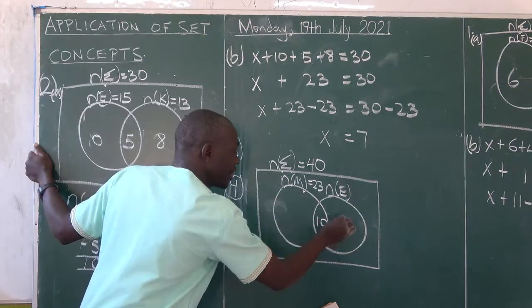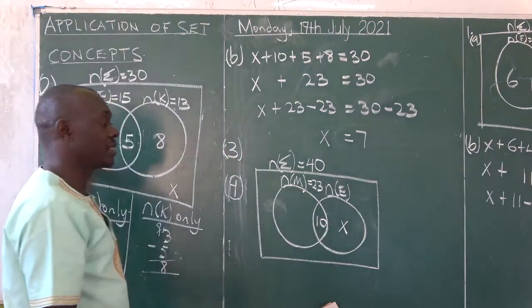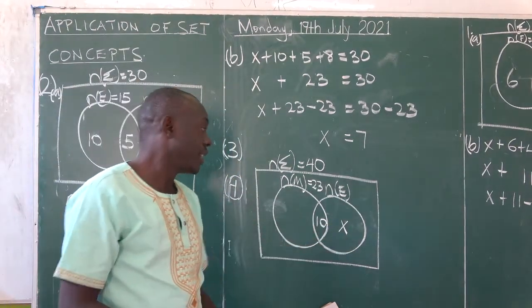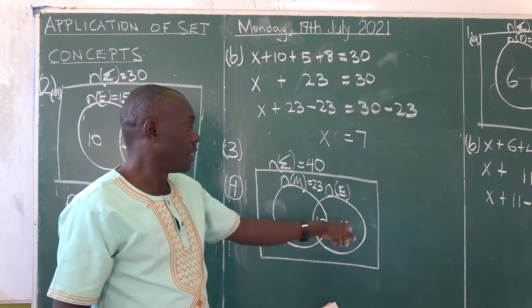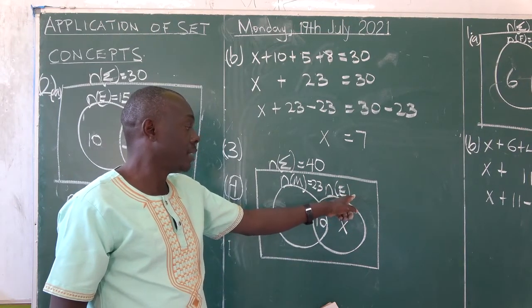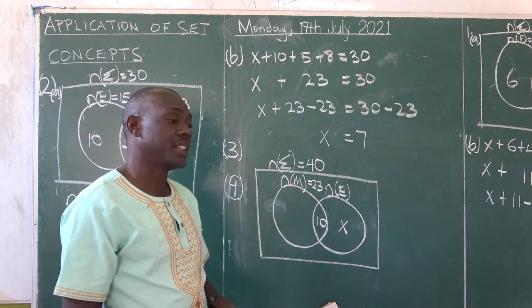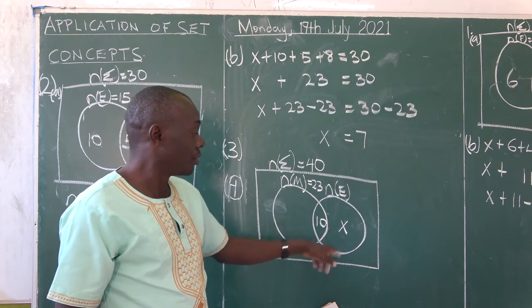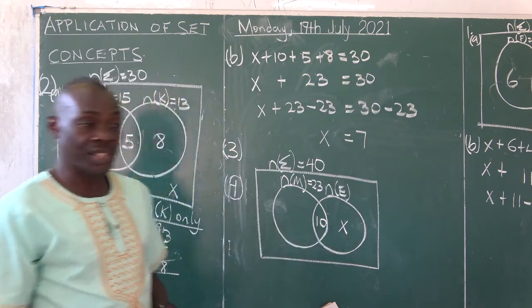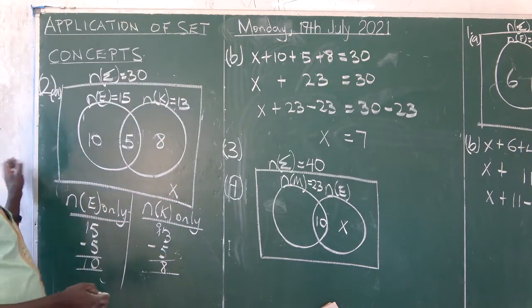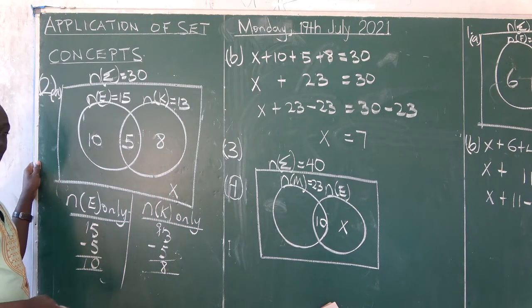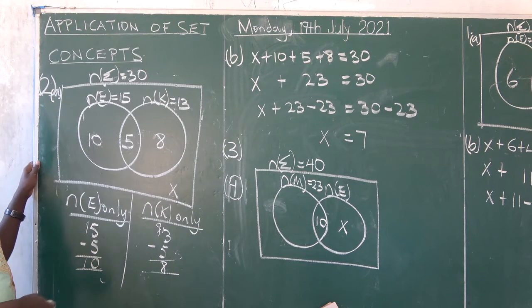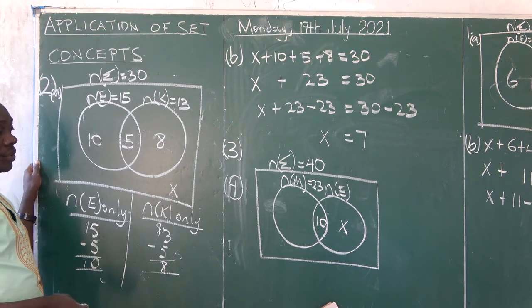Again, X comes here. Whenever I see the word only, it enters the Venn diagram directly. If X were to be up here, they would say X like English. But if there is the word only, please put it inside. And 5 dislike any of the two, like neither of the two.